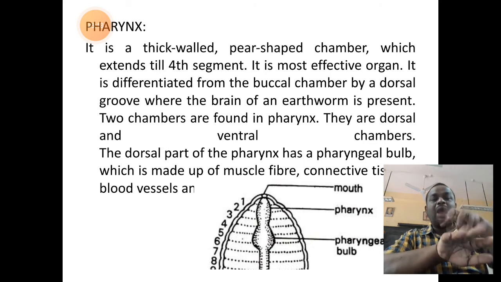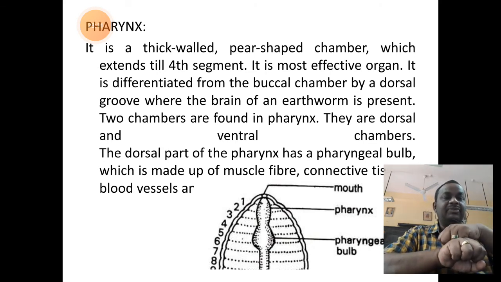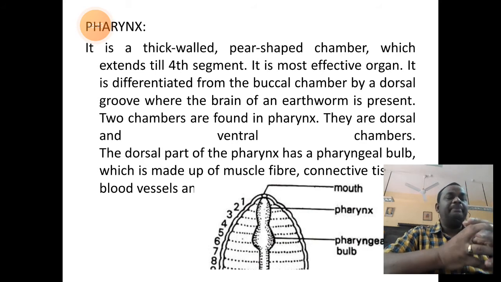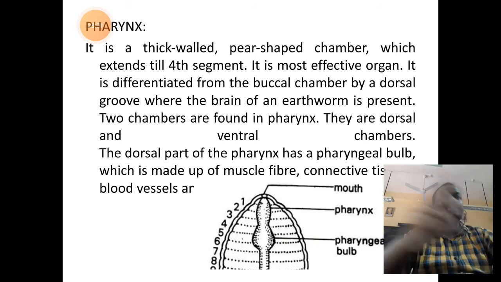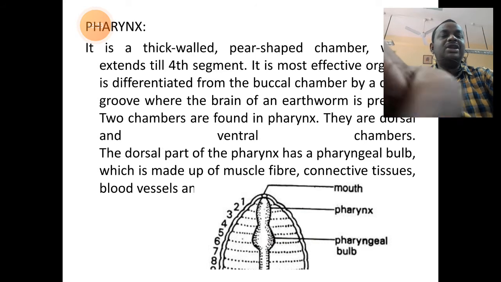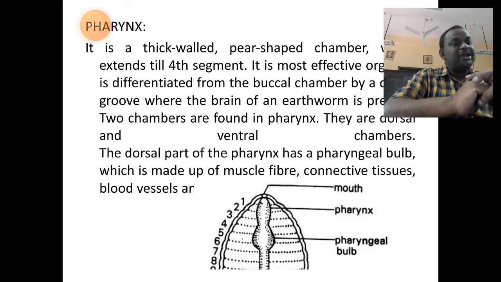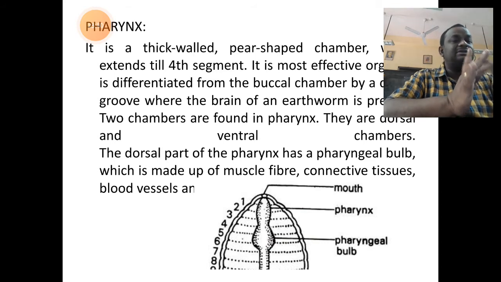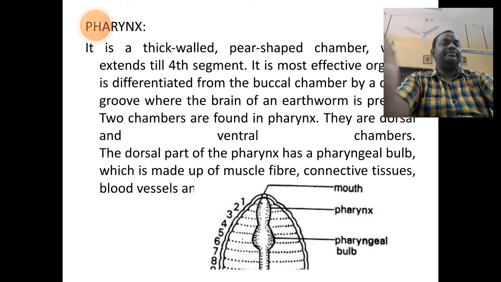The dorsal or upper chamber of the pharynx has the secretory organ part, which we call the pharyngeal bulb. Students, remember, this pharyngeal bulb is made up of muscles, connective tissue, blood vessels and even secretory cells.